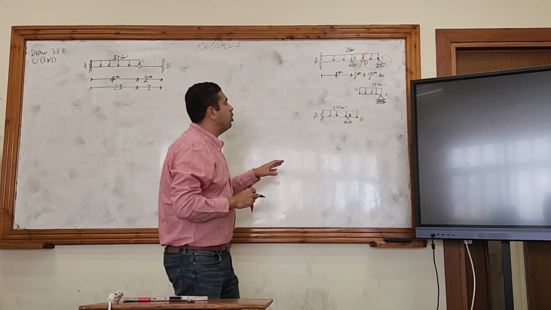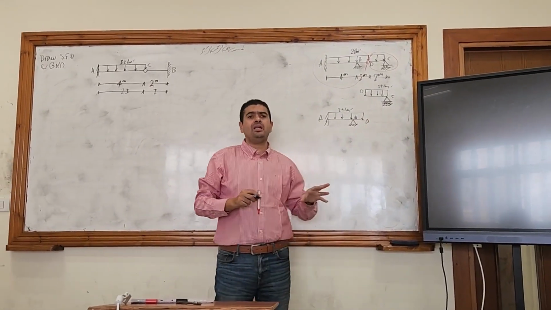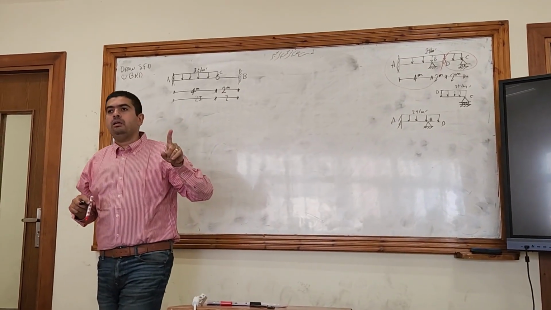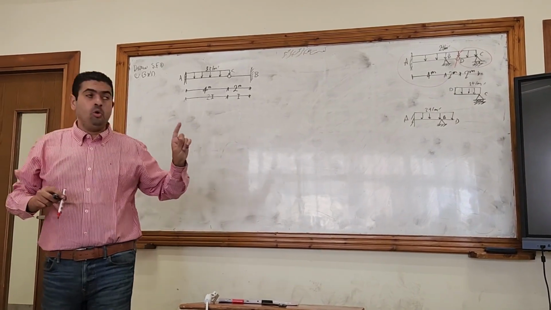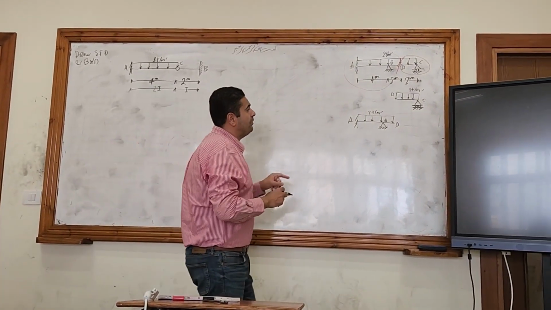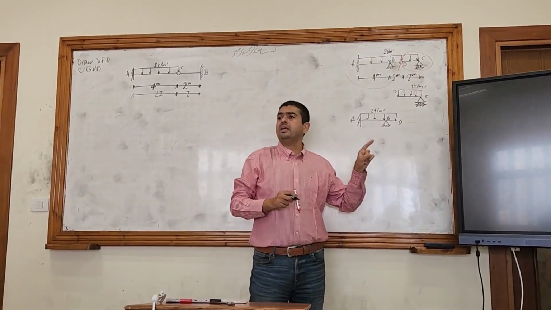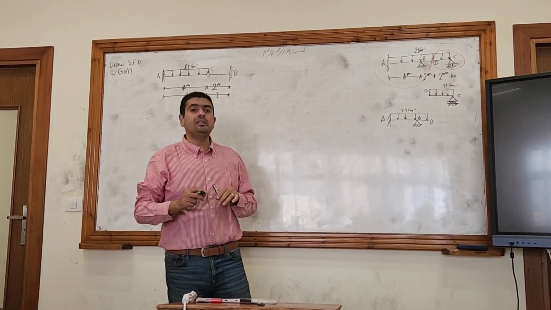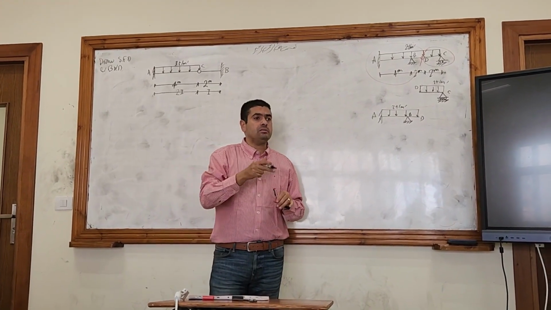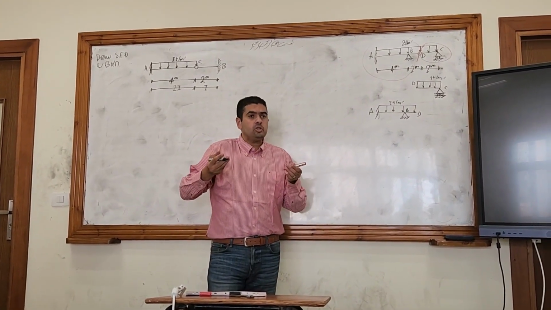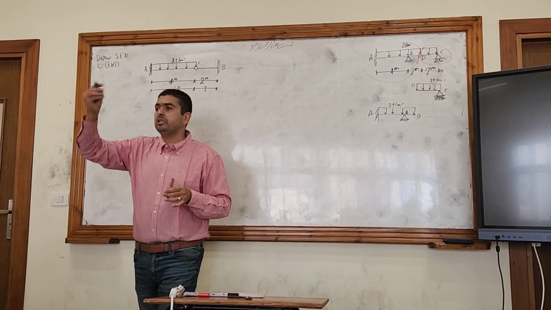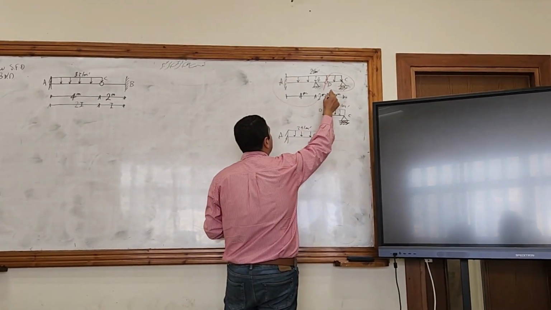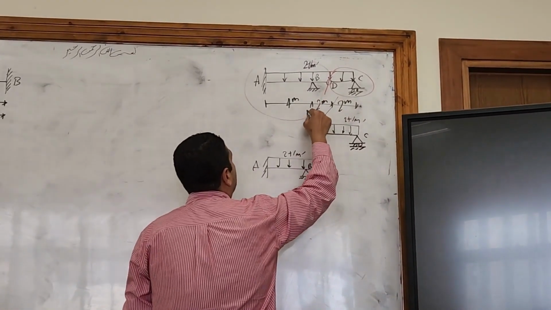Any beam with only one support is like a man with only one leg. Is this stable? No. So now I know that CD is unstable unless it can find another part that can hold it, otherwise this part will fall, okay?